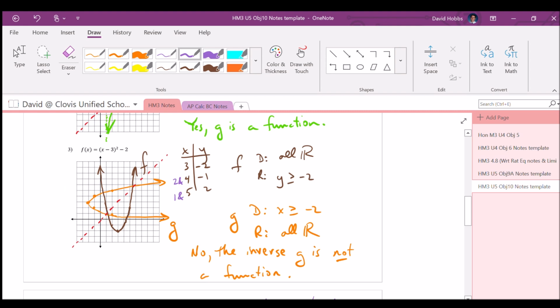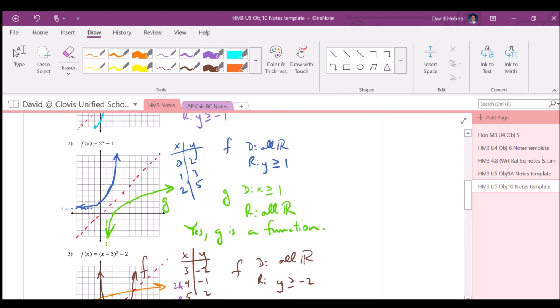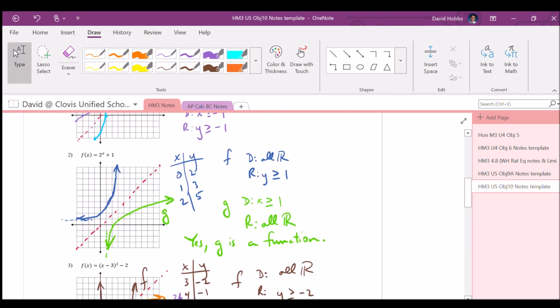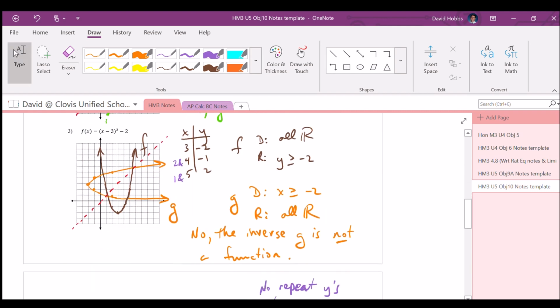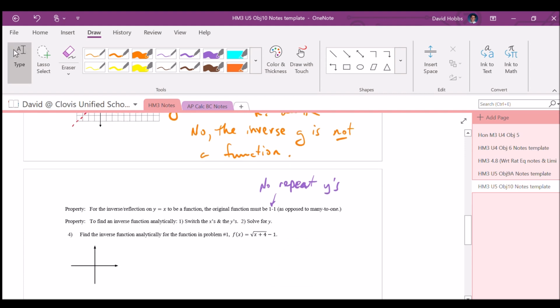And if it happens even one time, it's a many-to-1 function. As opposed to number 2, if you do a horizontal line test, the original function is a one-to-one function. And even number 1, the original function is a one-to-one function because it passes the horizontal line test. Okay, so if the original function is one-to-one, meaning that it passes the horizontal line test, then the inverse will be a function.